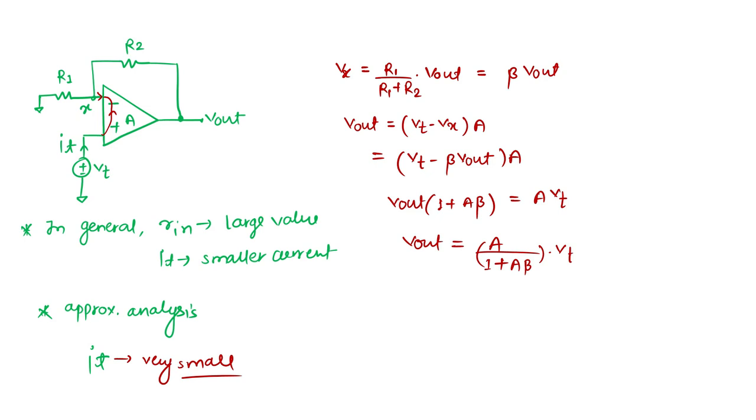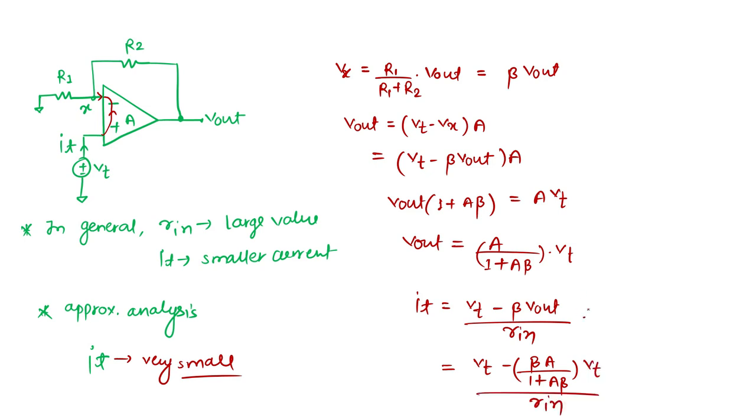Now, what is the relation? IT equals Vt minus Vx, which is nothing but beta V out, divided by Rn. We know V out, so it can be Vt minus beta A divided by 1 plus A beta, over Rn.